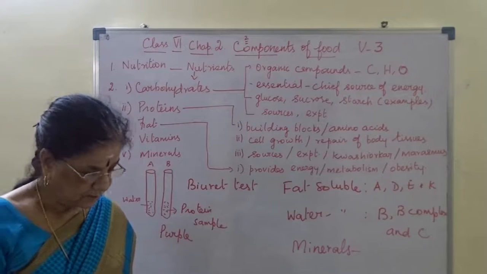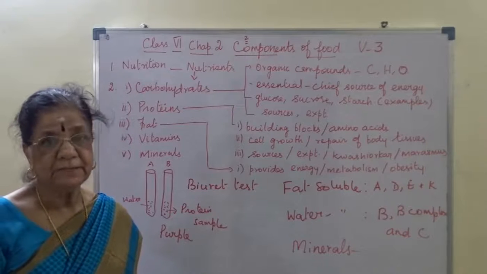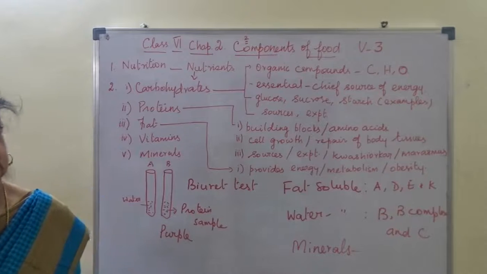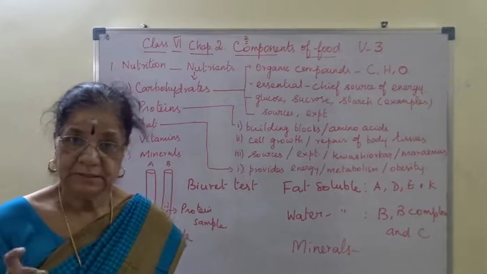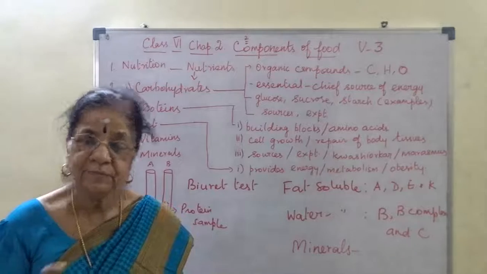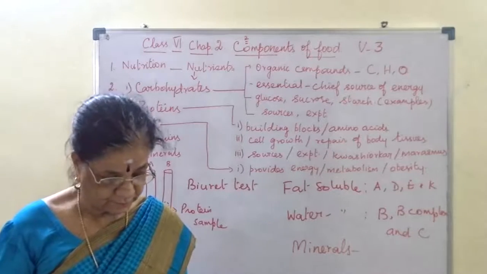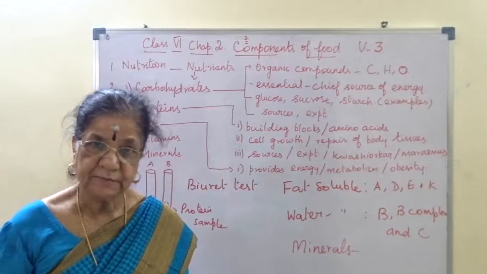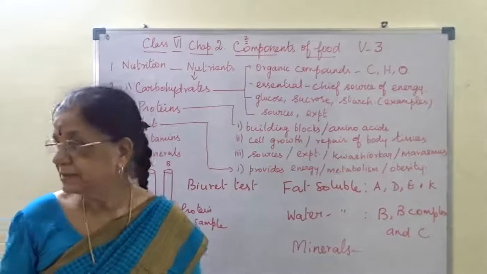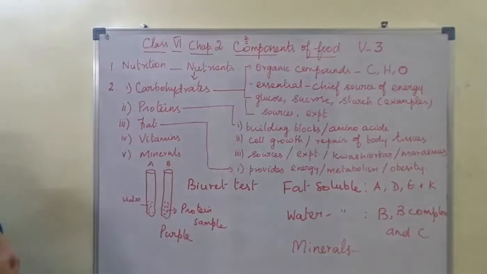Then iodine is present in seafood and iodized salt. Sea water is salt water, so it has a lot of sodium and iodine content. So milk, seafood and iodized salt result in the formation of thyroid hormone.